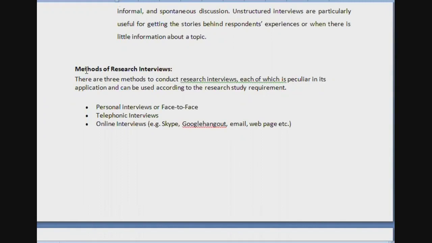So method of research interview: how you can take someone's interview for the purpose of research. There are again 3 different methods that may be used. First is personal interviews or face-to-face. Second is telephonic interview. Third is online interviews, that is Skype, Google Hangout, email, web page, etc.